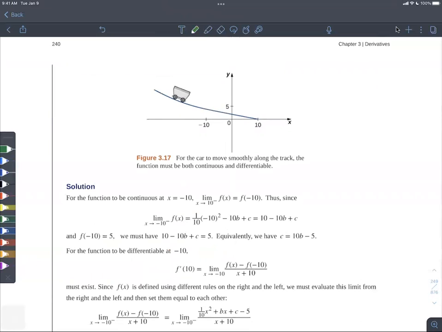For the function to be continuous at x equals -10, what does it mean? The limit as x approaches -10 of our function f of x should be equal to f of -10.